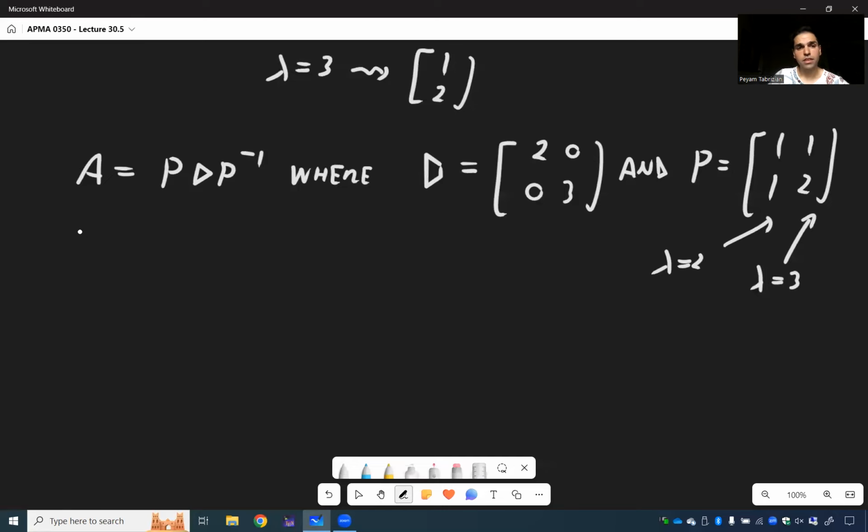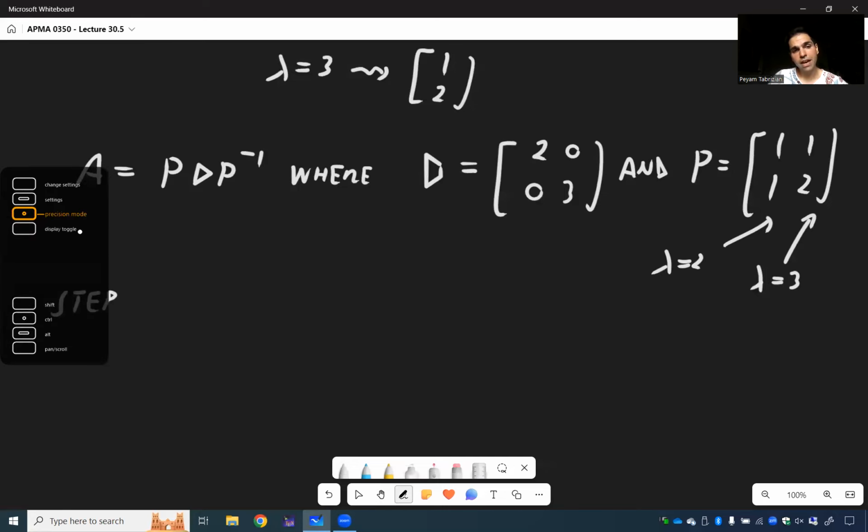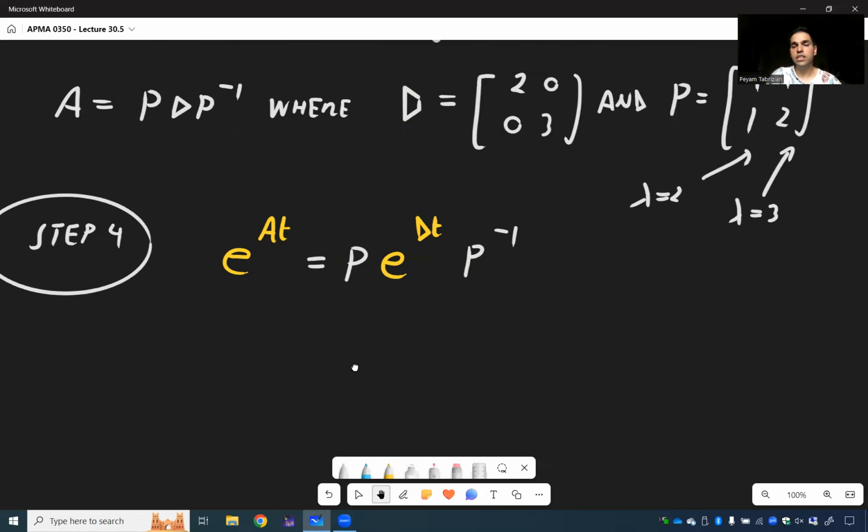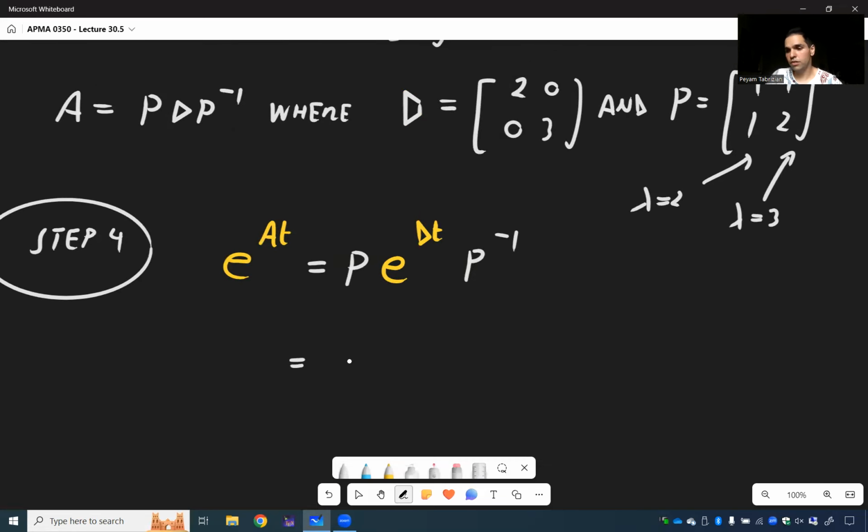And then remember, to find e to the At, the beautiful fact is you just need to do e to the Dt. So P e to the Dt, P inverse. And then remember e to the Dt, you just do e to the eigenvalues.